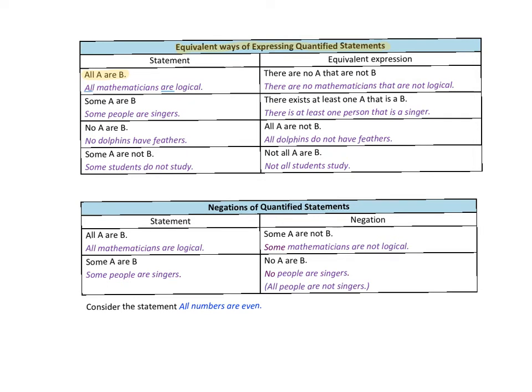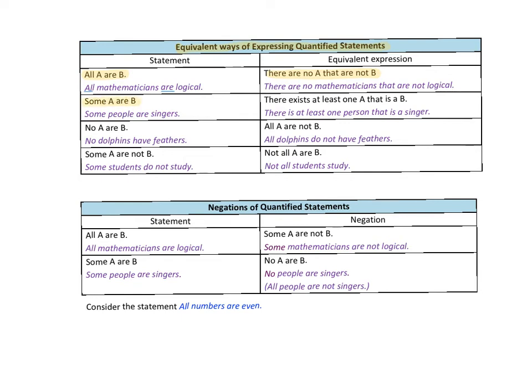So if you have a quantified statement of this form, an equivalent way of saying that is, well, since all mathematicians are logical, that means you can't even find one mathematician that is not logical, which gives the equivalence, there are no A that are not B, because all are. So none are not. So there are no mathematicians that are not logical. These two statements are equivalent in meaning. Again, this is not anything you have to memorize. You can always just look up this template that I'm highlighting.